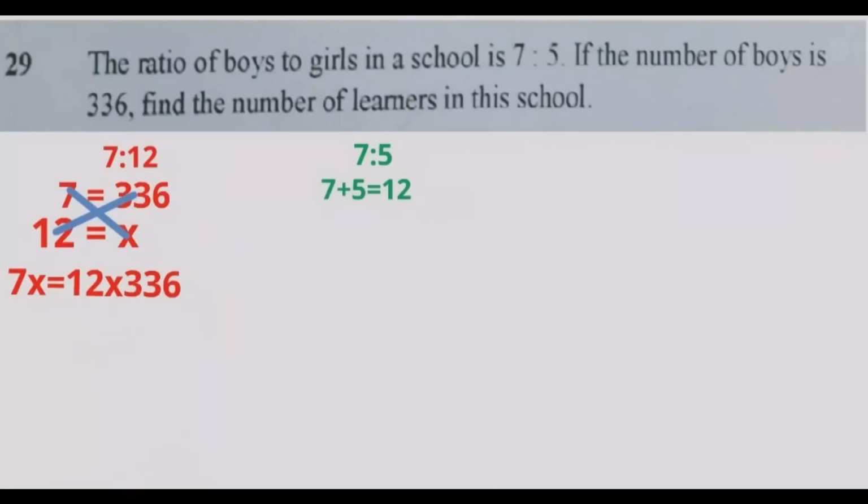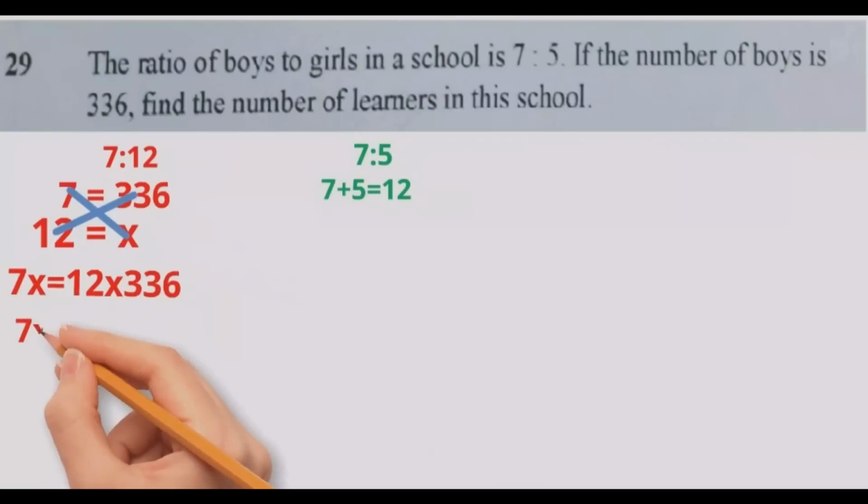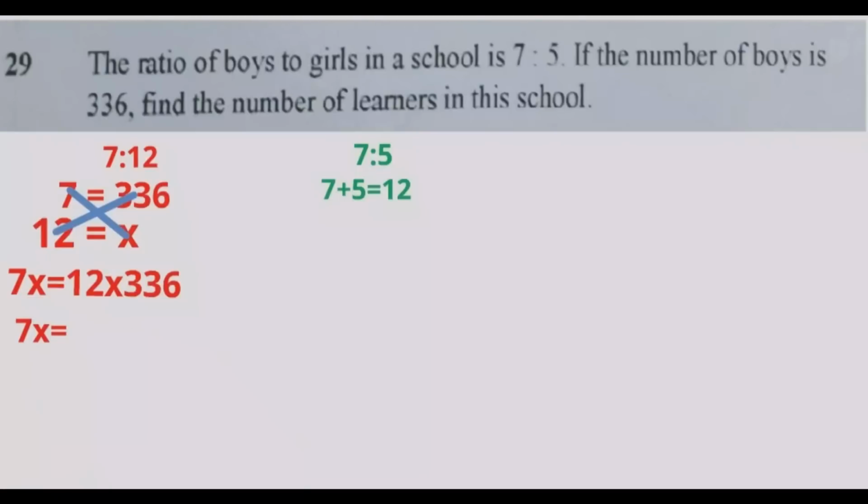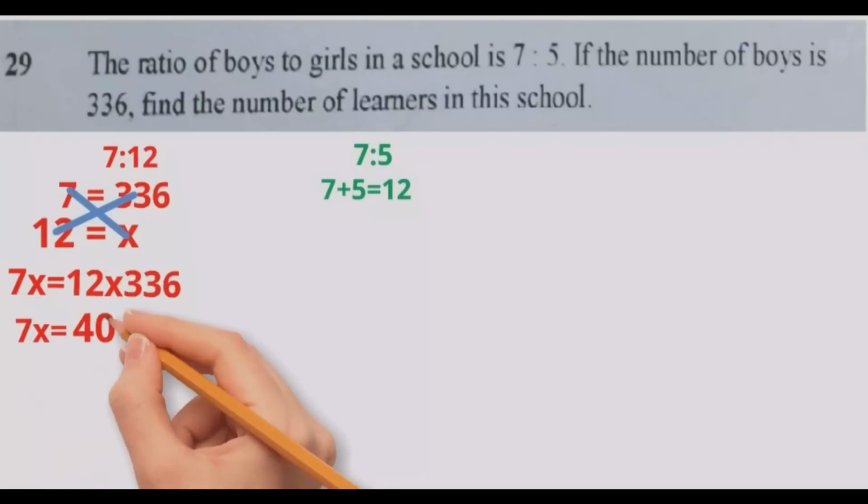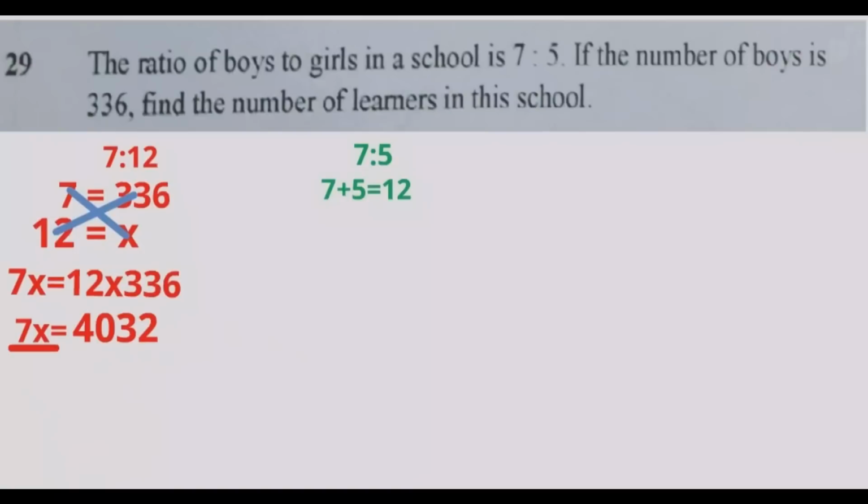Multiplying 12 by 336 will give us 4,032. Then we divide both sides by 7, so 7x divided by 7 will give us x. Then 4,032 divided by 7 will give us 576. So 576 is the number of learners in the school.